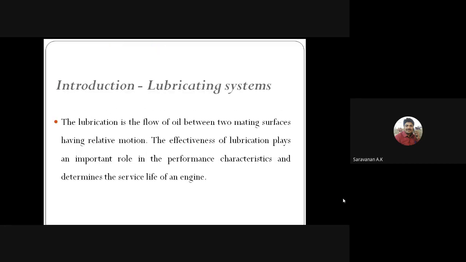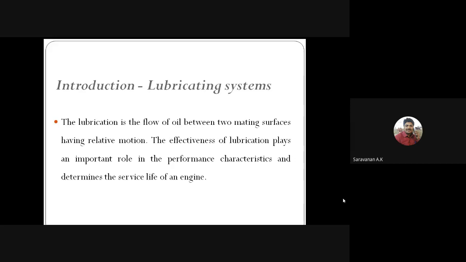The lubrication system: why do we have to use lubricants? In a machine or engine, we have plenty of machine components that make surfaces with relative motion between them.